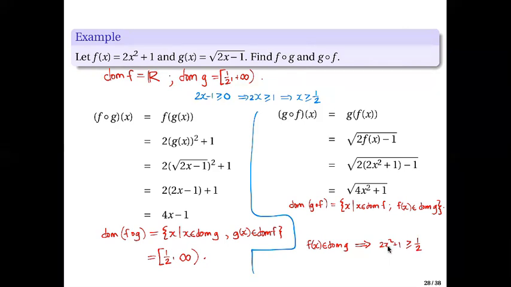Because this is true for any real number x, since if x is from the set of real numbers, x squared will be greater than or equal to 0.